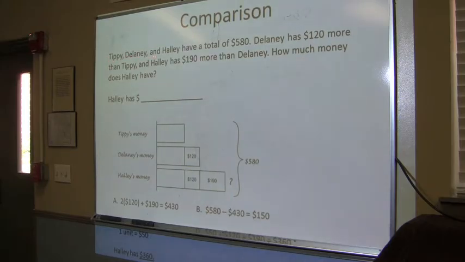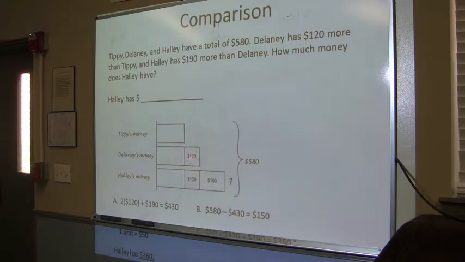So Tippy, Delaney, and Haley have a total of $580. I come over here and put the bracket, put 580. That bracket represents the sum of all of them. The sum of all of their money is 580. Now we see, Delaney has $120 more than Tippy. So here's Delaney, here's Tippy's unit bar.